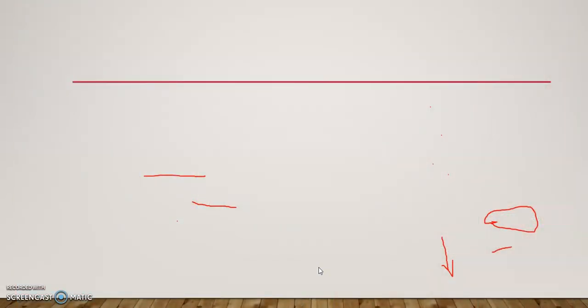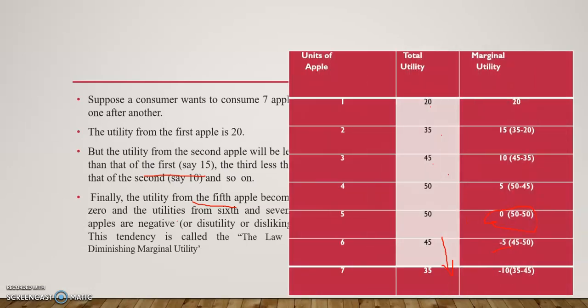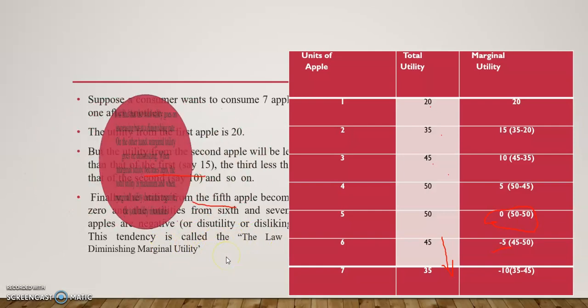It shows that when any consumer additionally consumes continuous units, the utility gives less satisfaction. The utility from the fifth unit of an apple is 0, and the utility from the sixth and seventh units is negative. This tendency is called the law of diminishing marginal utility.